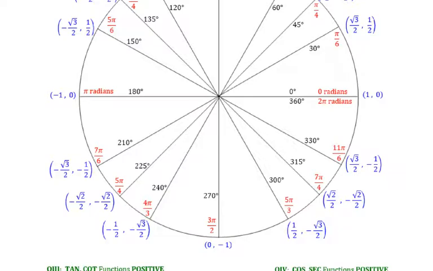If we think about measuring negative 135 degrees, that takes us over here on the unit circle to 5 pi over 4, or as we just calculated, negative 3 pi over 4. Okay, so all of these are coterminal, meaning they stop on that same angle rotation mark.